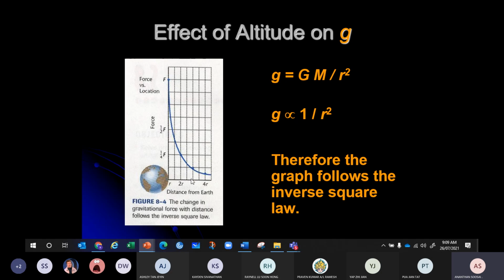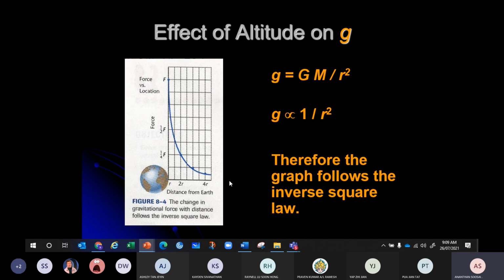At 3r, it becomes 1/9 F. At 4r, 1/16 F, correct? It's because of r squared. When r doubles, it becomes a quarter. When r triples, it becomes 1/9. So when you sketch the graph, make sure you know the proportion of how much it should drop. They will check.